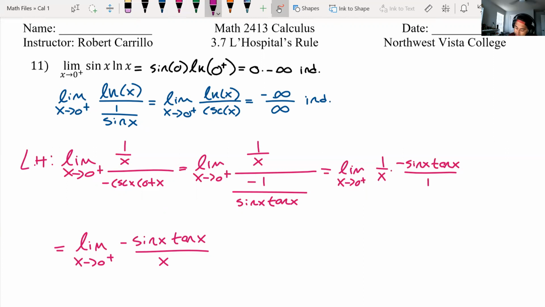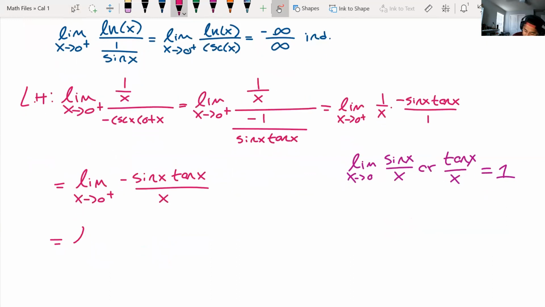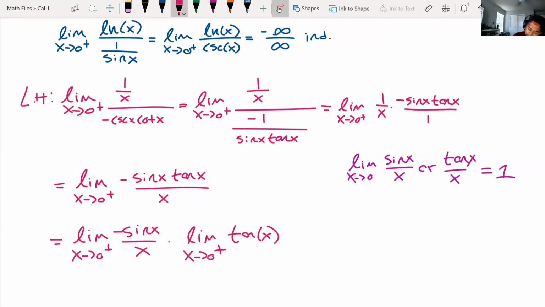Remember our trig limit identities: as x approaches 0, sine x over x or tangent x over x both go to what number? 1. So it honestly doesn't matter which one you choose. So let's just go with the sine x. Why not? So we'll make this the limit as x approaches 0 from the right of negative sine x over x times the limit as x approaches 0 from the right of tangent x.